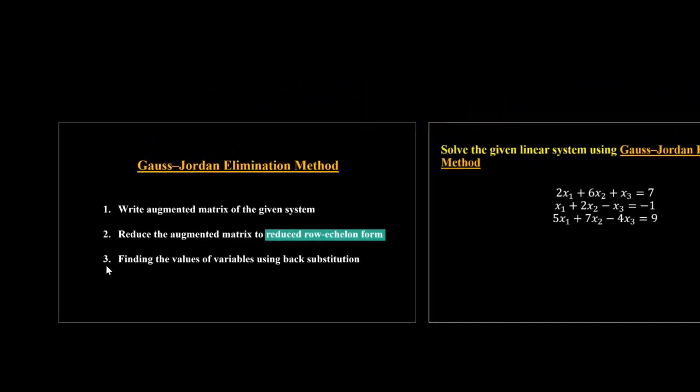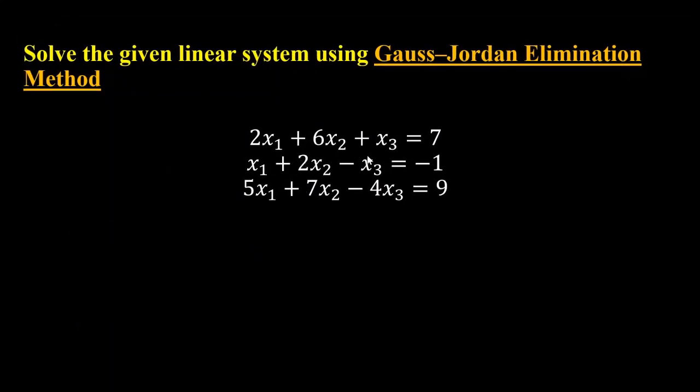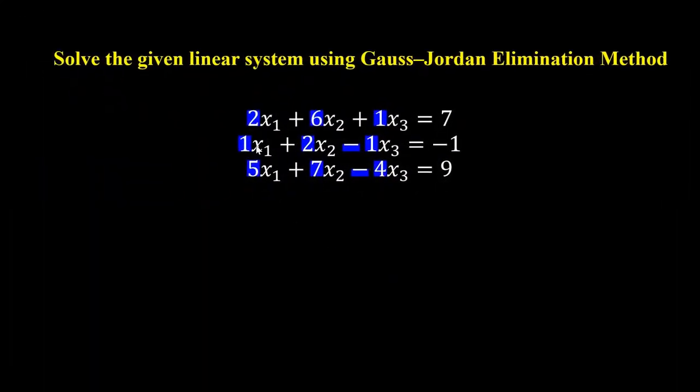So this is our system: 2x1 plus 6x2 plus x3 equal to 7, x1 plus 2x2 minus x3 equal to minus 1, 5x1 plus 7x2 minus 4x3 equal to 9. First we want to convert this system into its augmented matrix form. These are the coefficients of this system: 2, 6, 1, 1, 2, minus 1, 5, 7, minus 4, and these are the constants, 7, minus 1, 9.